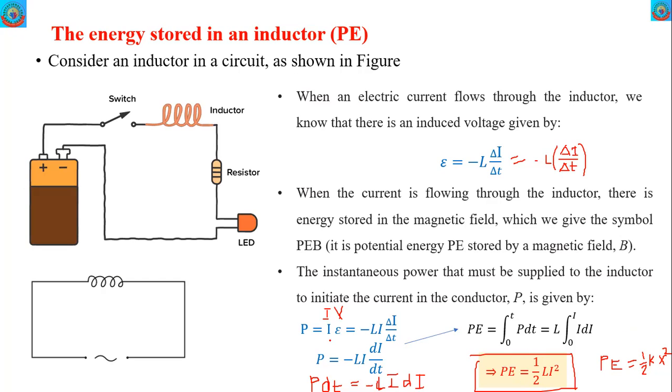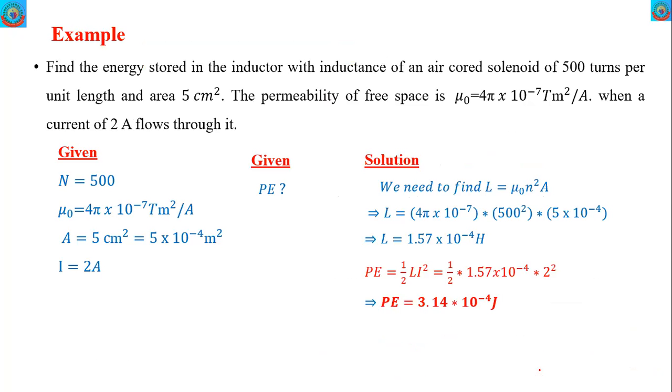It is the same concept, so it can be understood that way. So this is an example done based on the discussion considering the permeability of free space, using the potential energy formula.